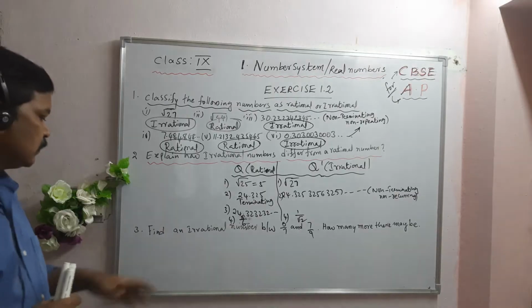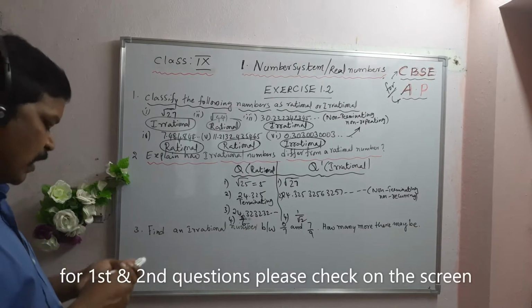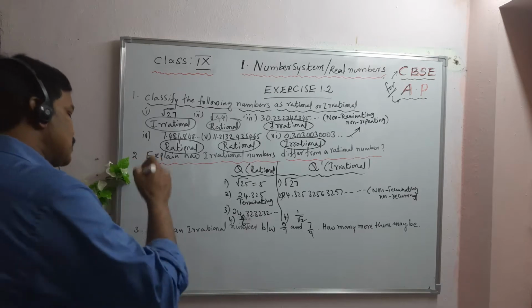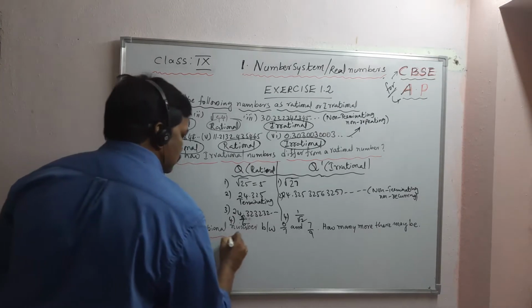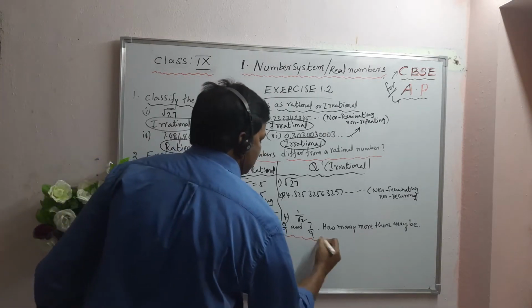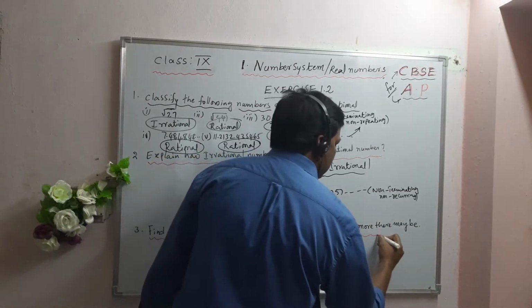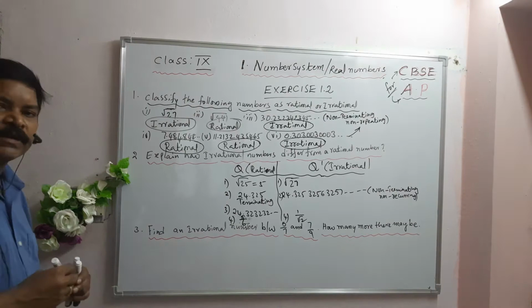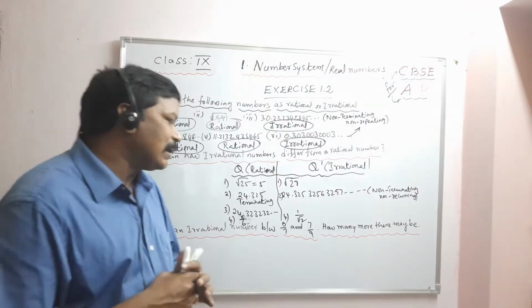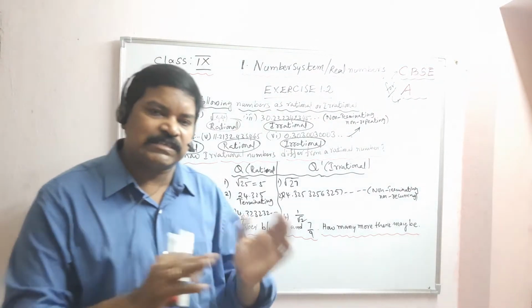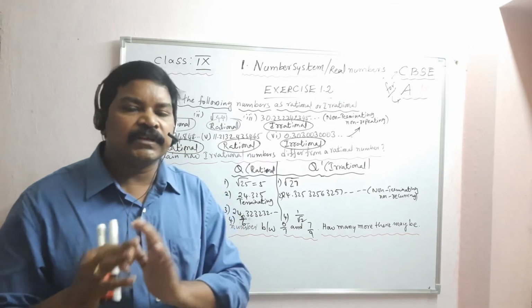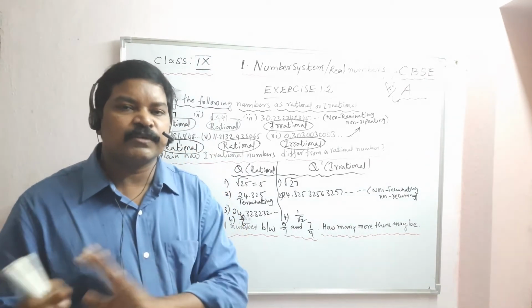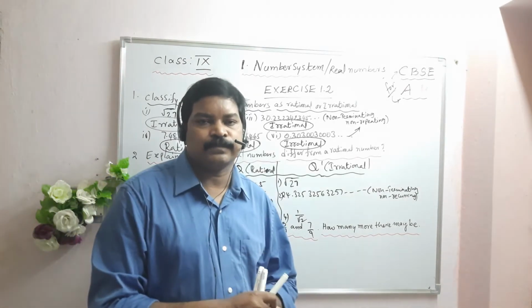Right. In the last question, find an irrational number between 5 by 7 and 7 by 9. How many more there may be? See, in the last class, we inserted 3 rational numbers between 2 rational numbers.